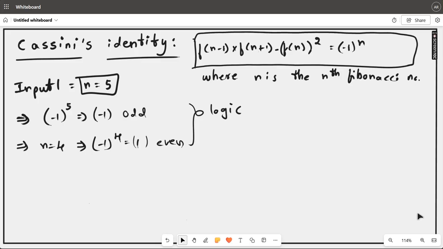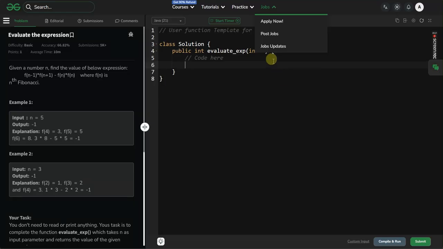Now we will use this logic to solve the given problem. So let's solve evaluate expression. We know that if the given number is even, then the output is 1. How to check if a number is even?